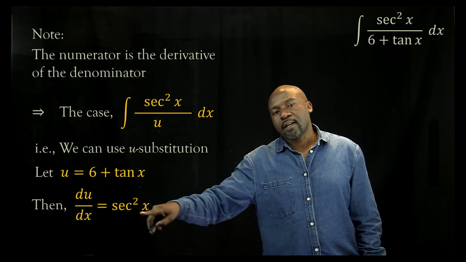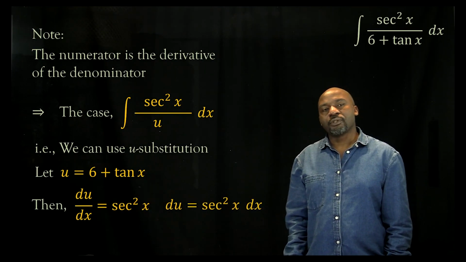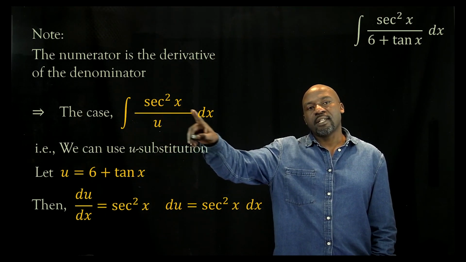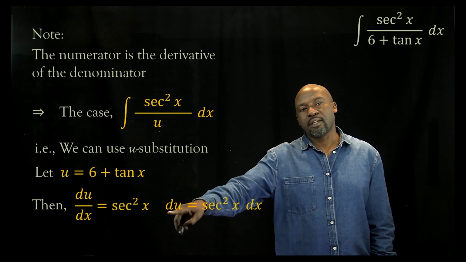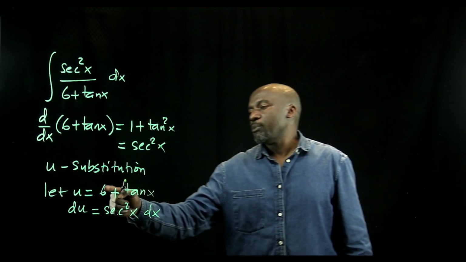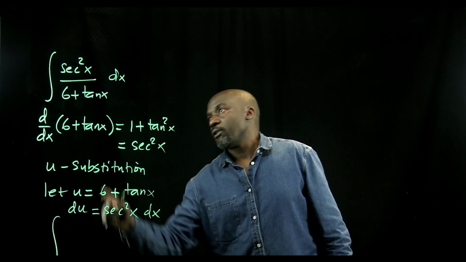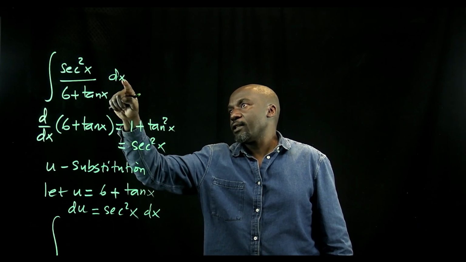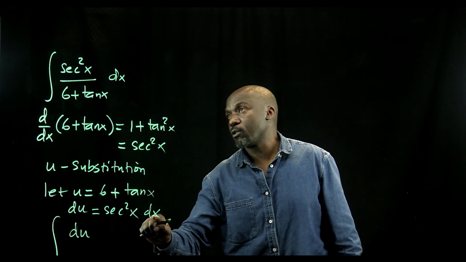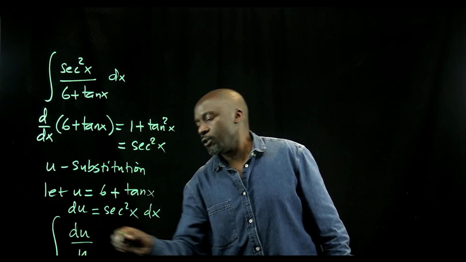The dx can come here, so du becomes equal to sec squared of x dx, and so I can remove sec squared of x dx and replace it with du. And that means that, because I'm using the u-substitution, in place of sec squared of x dx I will just put du, and the denominator is u.